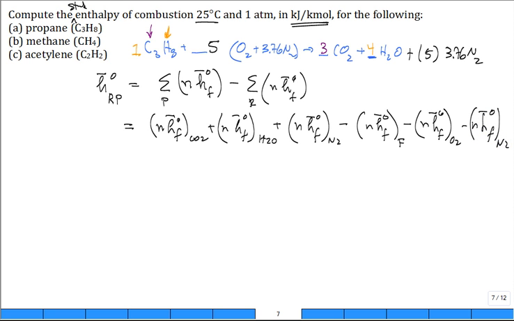Okay? This nitrogen was in the products, this nitrogen was in the reactants.